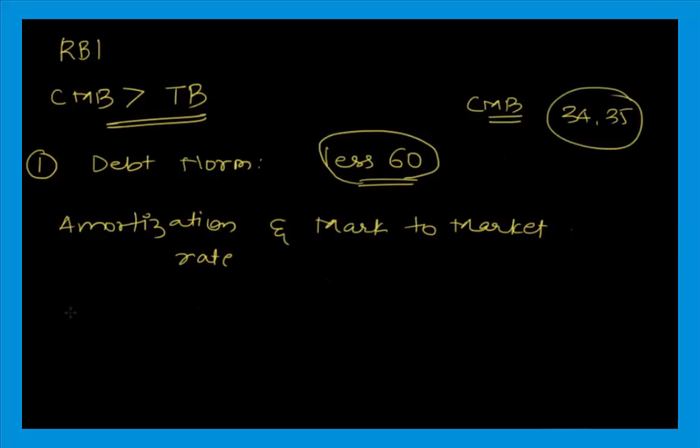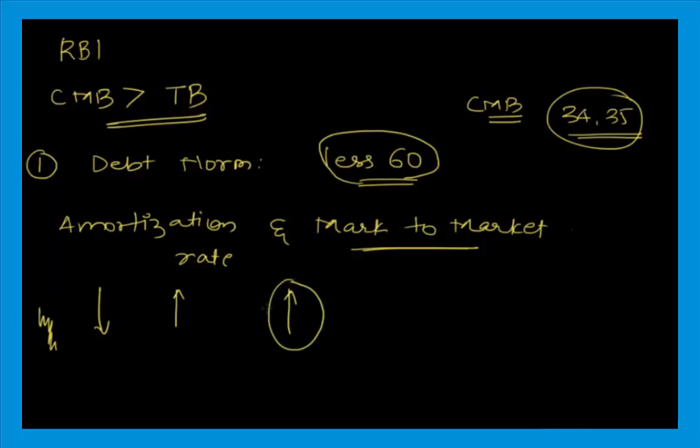When they've invested in this 34-35 day paper, they don't have to do mark to market, which means if interest rates move down, the security value will go up. Similarly, if interest rates are supposed to go up, which is the current threat that we are facing, the value of the cash management bill will drop.